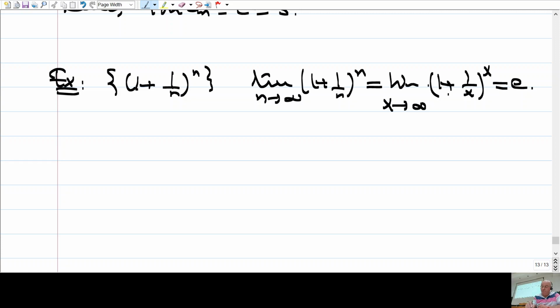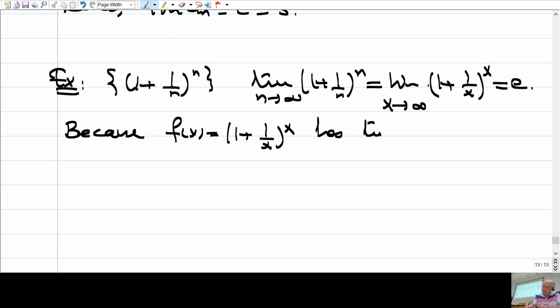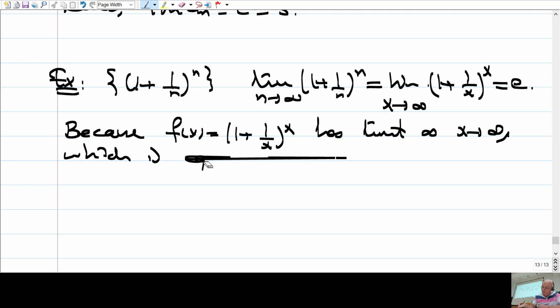Therefore, this sequence is convergent to the number e, because f of x, (1 plus 1 over x) to the power x, has limit e as x goes to infinity. Okay.